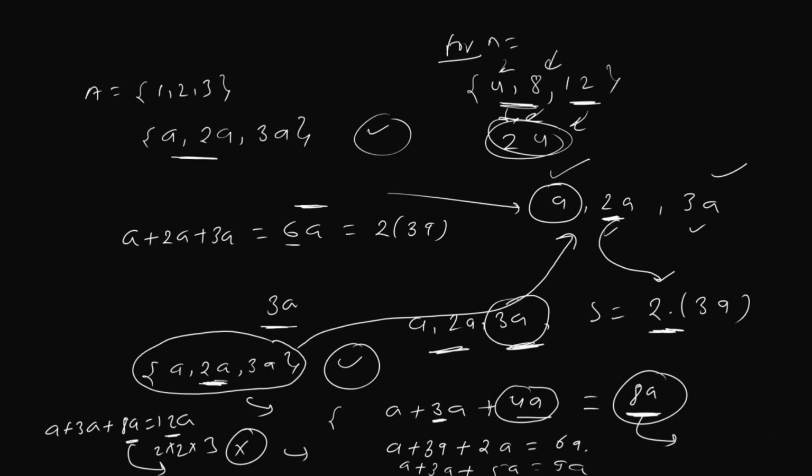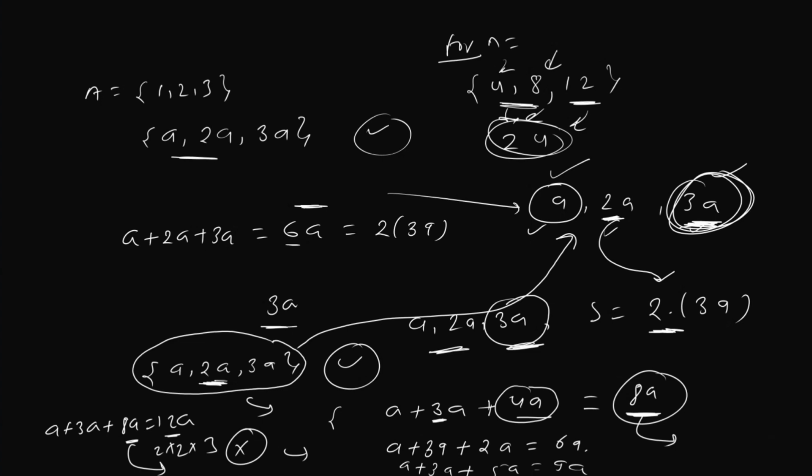We are including a in each element, so it is already divisible by a, and we are summing the first two elements and putting it as the third element. When we sum all the elements, we get 2 times the sum of the first two elements, which is 3 times 2.